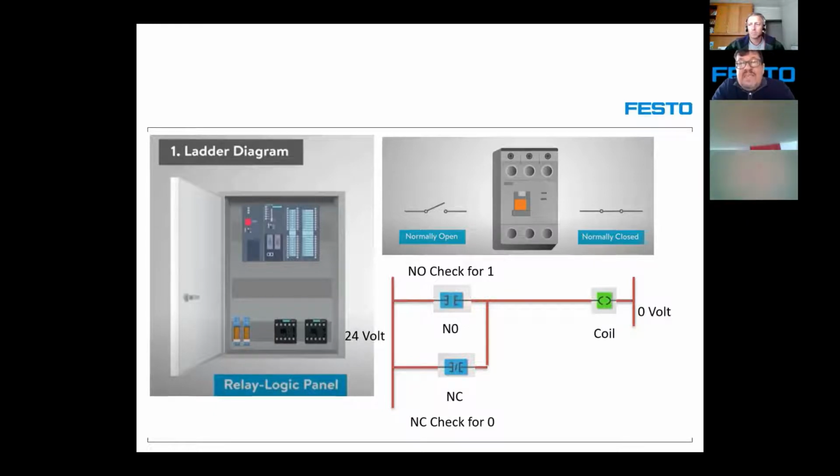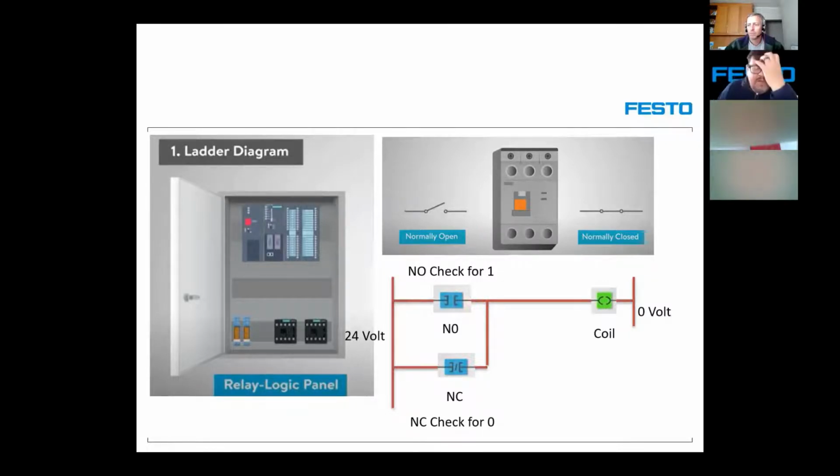It means if the real contact within your plant or your machine closes, it will close also within the PLC program, and that senses that it actually is on. That is a 1. And if you utilize a normally closed, when I activate a normally closed, it normally opens. That means we are checking for a 0.